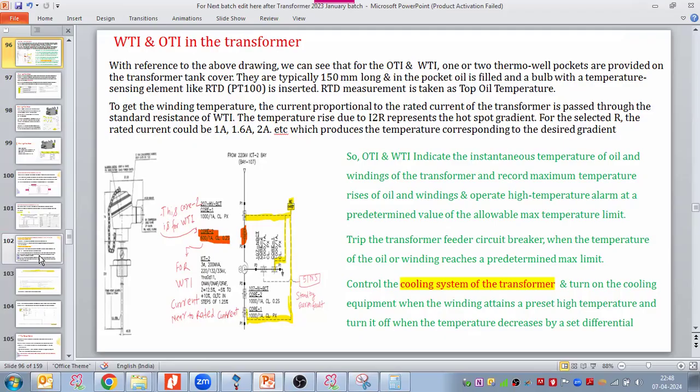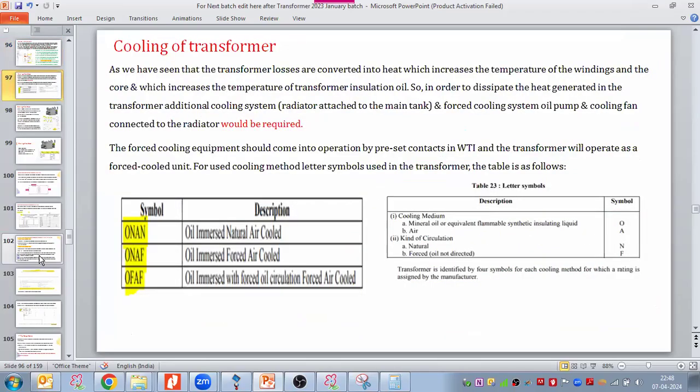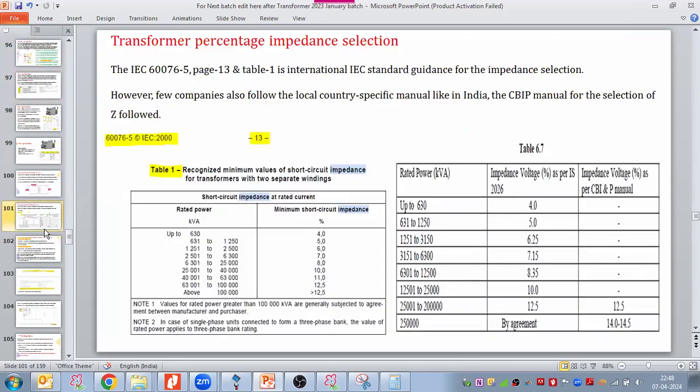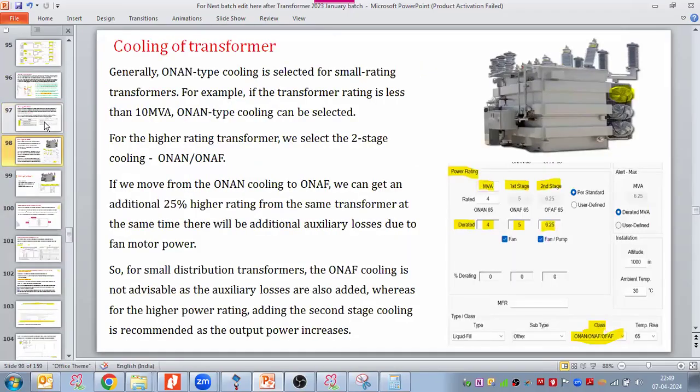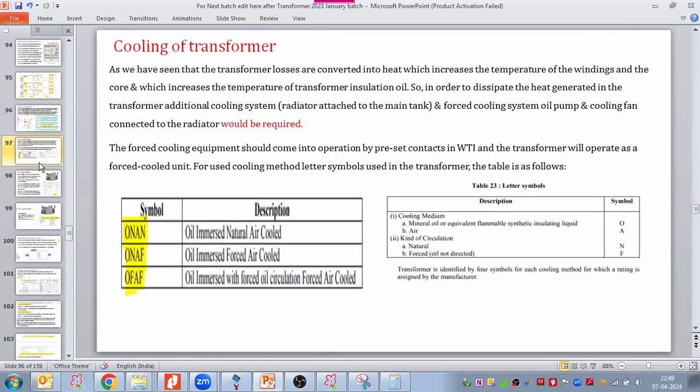This is what we discussed, right? Am I clear so far about the transformer losses, ratings, deratings, and the WTI and OTI?